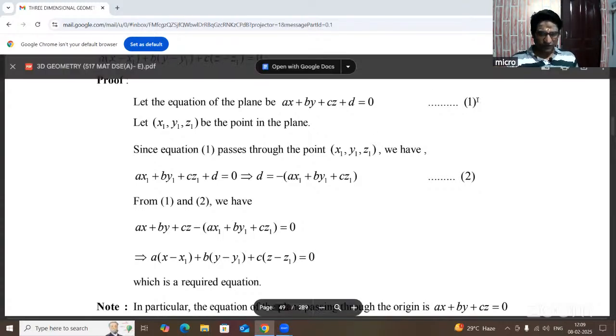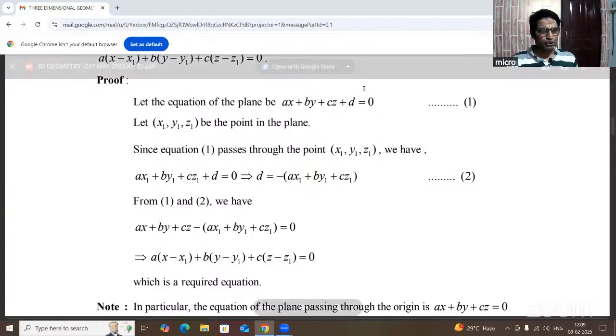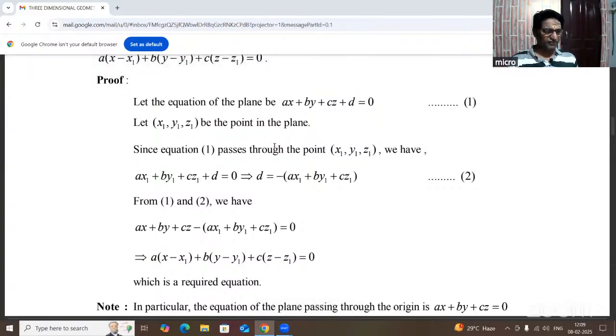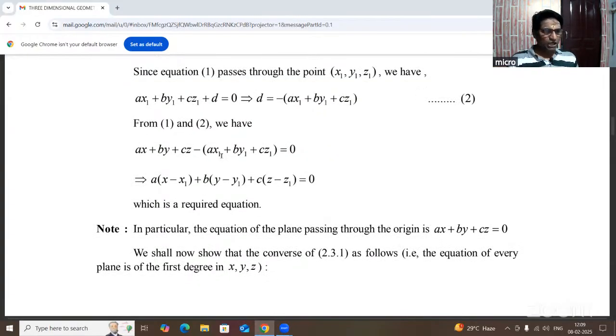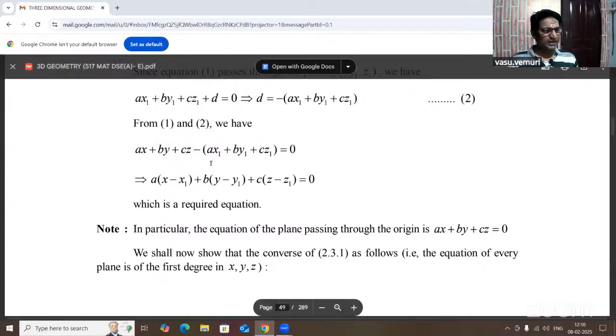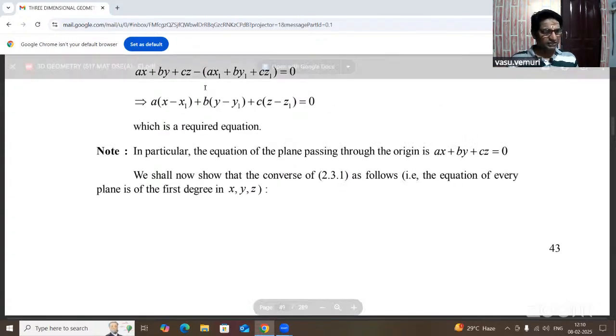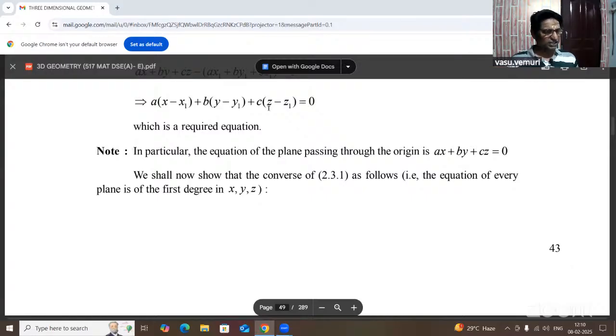From the first equation and the second equation, substituting the d value in the first equation, we get ax + by + cz − (ax1 + by1 + cz1) = 0. Here a, b, c are common, so finally we get a(x − x1) + b(y − y1) + c(z − z1) = 0. Here x, y, z are the coordinates.